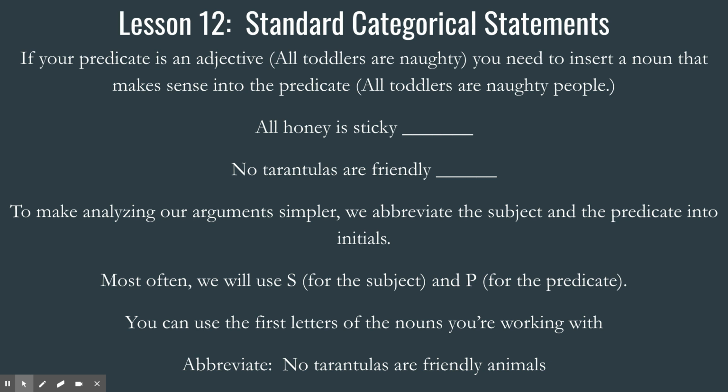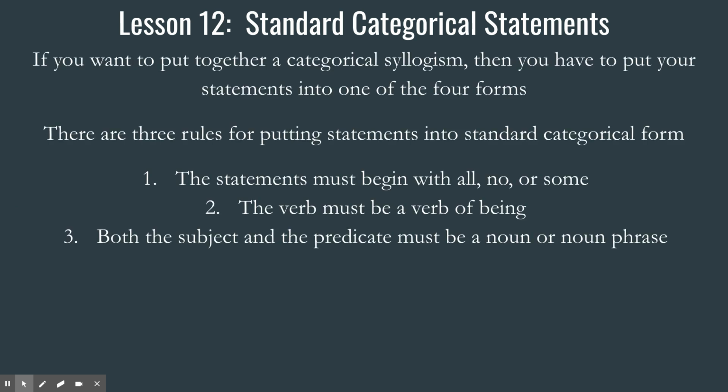Okay, so let's go back to the screen that talks about the 3 things we've got to do. All right, so the statements must begin with all, no, or some. So we're talking about Christians. How many Christians are we talking about? All of them. So we aren't going to start this with some. We're going to start this with all or no.